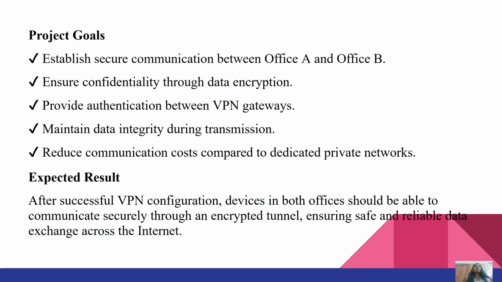Some of the project goals are to establish secure communication between Office A and Office B, ensure confidentiality through data encryption, provide authentication between VPN gateways, maintain data integrity during transmission, and reduce communication cost compared to dedicated private networks.